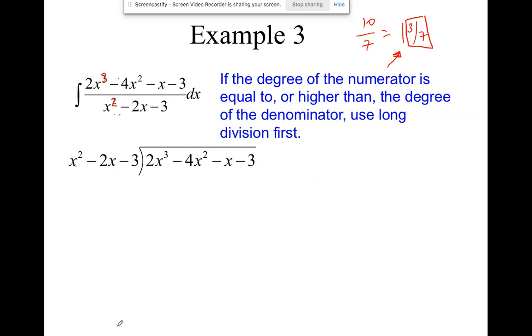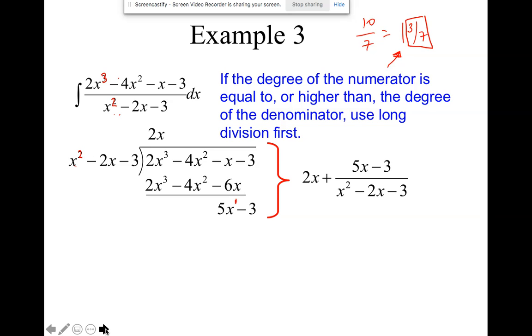So look what happens when I divide. What do I multiply x squared by to get 2x cubed? Hopefully you see that's just a 2x. Multiply, subtract, or add the opposite. I got 5x minus 3. My remainder is smaller than what I'm dividing by, therefore that's my remainder.